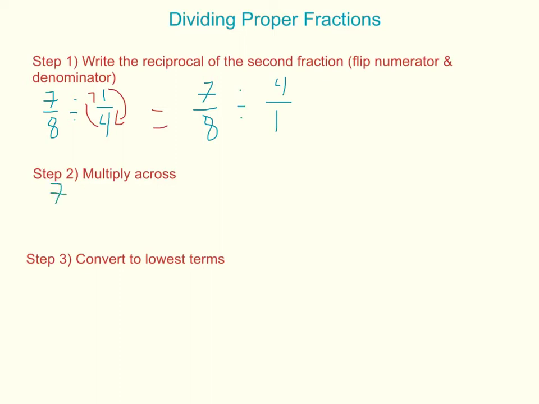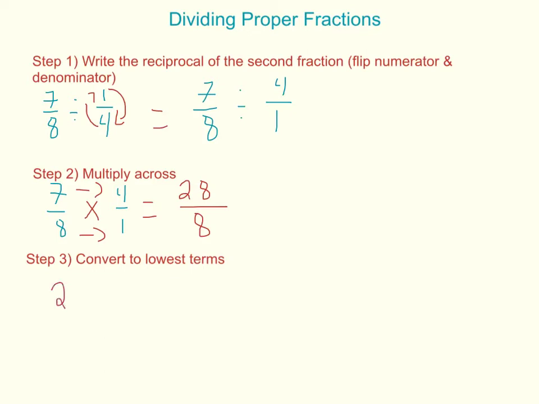Now step 2 says we need to multiply across. So again, we've got our 7 over 8 divided by 4 over 1. However, this is now changing and it's becoming multiplying. So we're going to multiply straight across. 7 times 4 is 28, and 8 times 1 is 8. Now we've got our answer, and we have one last step to go, and that step is converting it to lowest terms.